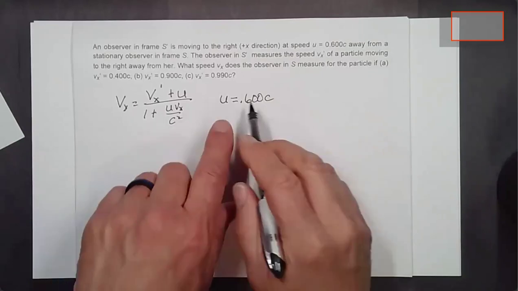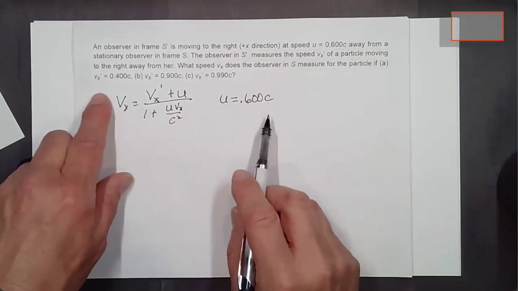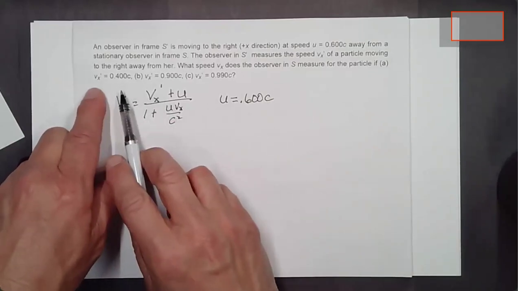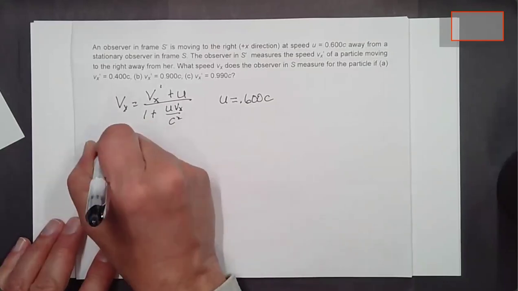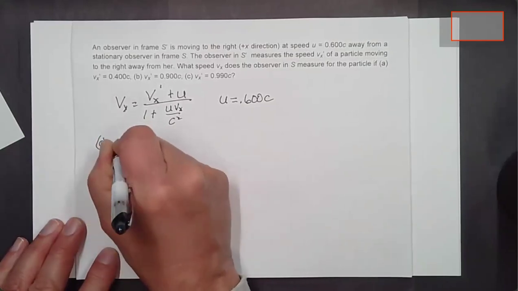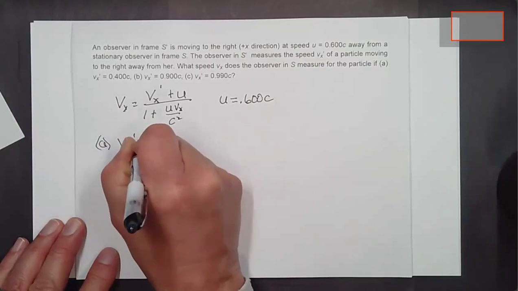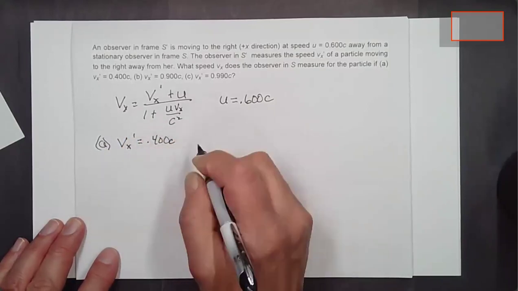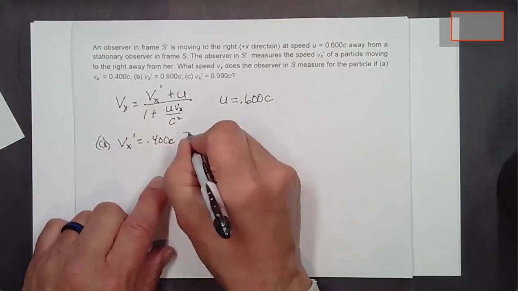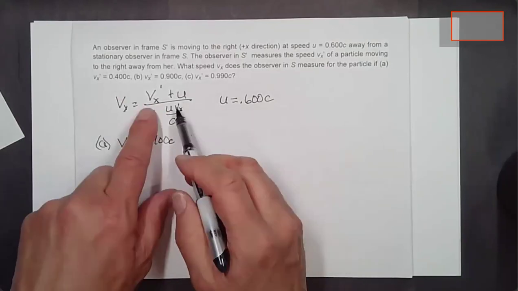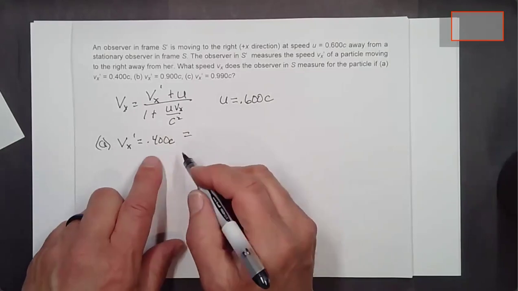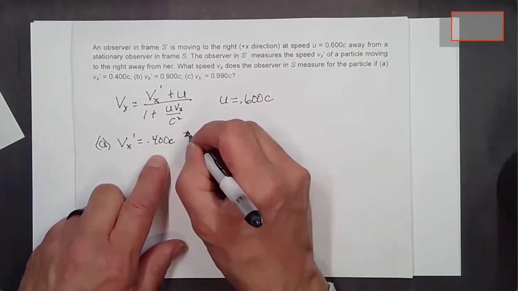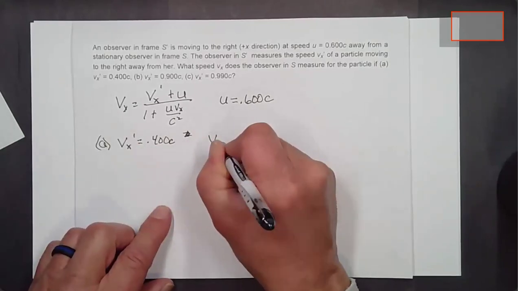And we've got these various quantities for v sub x prime. So for A, we have v sub x prime equals 0.400 c. Now look at the numerator, v sub x prime plus u. We're after the v sub x here.